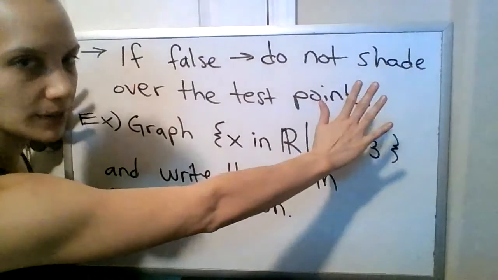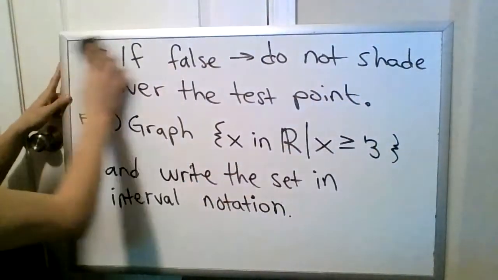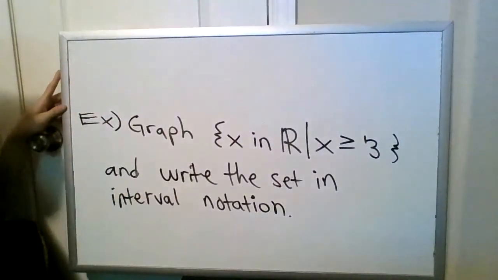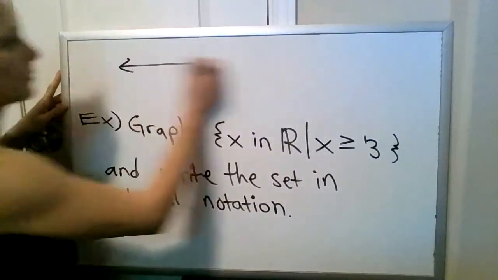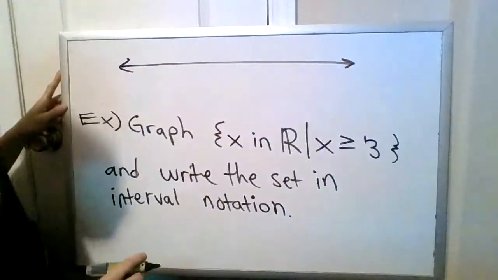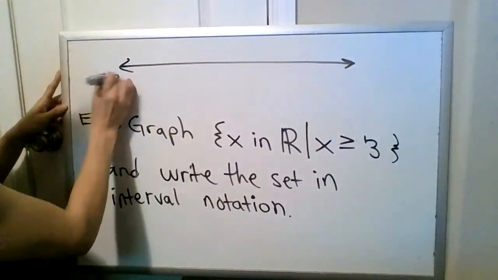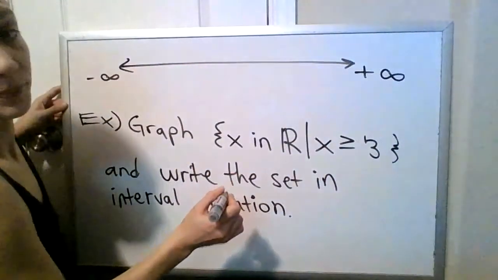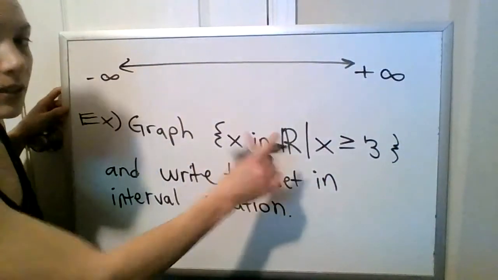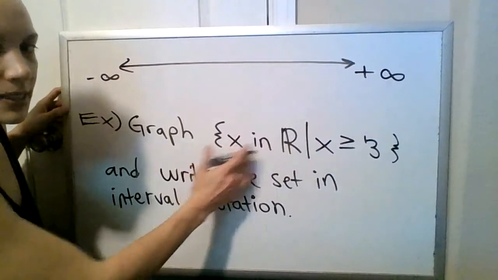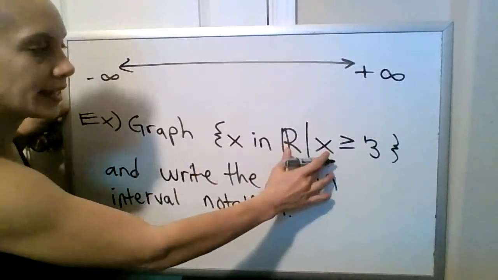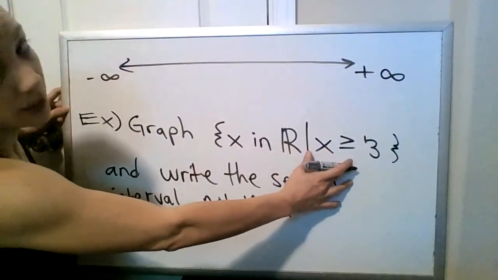Why don't you start a graph on the top? And looking at the set, x is a real number. That's our real number line. And x is greater than or equal to 3.